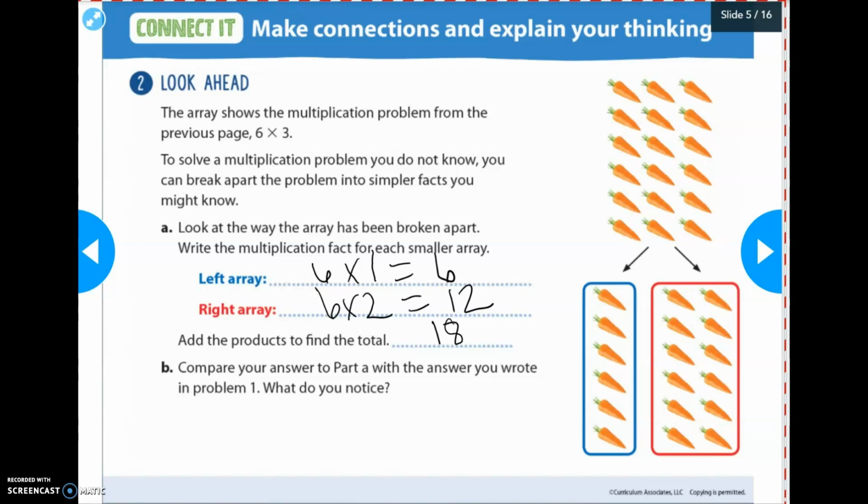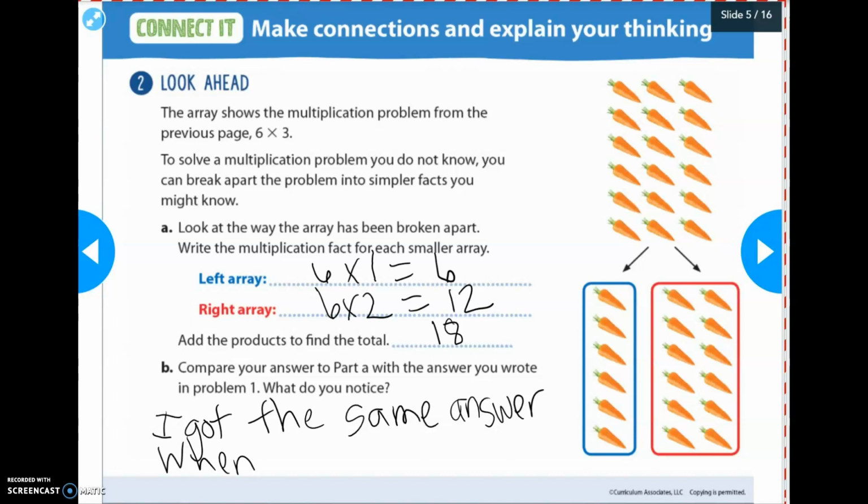So it says compare the answer to part B with the answer you wrote in problem 1. What did you notice? So I'm going to write, I got the same answer when I made 2 small arrays.